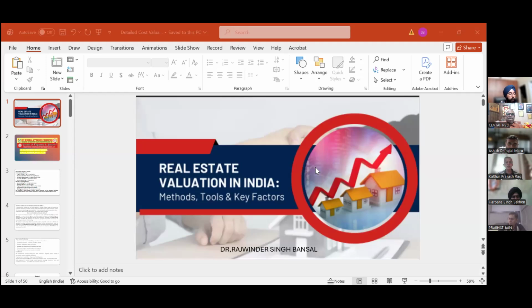Many times you have to do the valuation based upon detailed cost estimate, especially when you are doing valuation for CBDT, or for court purposes, where you have to defend your valuation. You cannot directly use plinth area rates there.